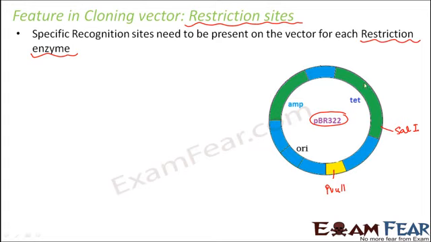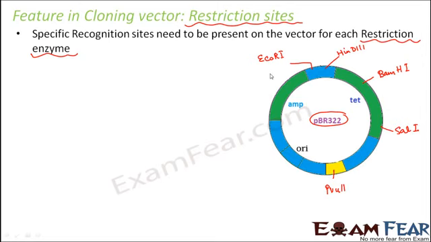If you look at this region, this is for BamHI. You look at this portion, this is for another restriction enzyme called HindIII. You look at this region, this portion is for EcoRI.